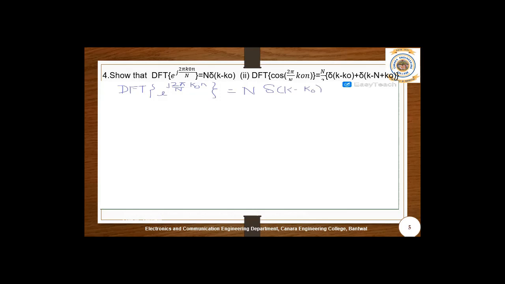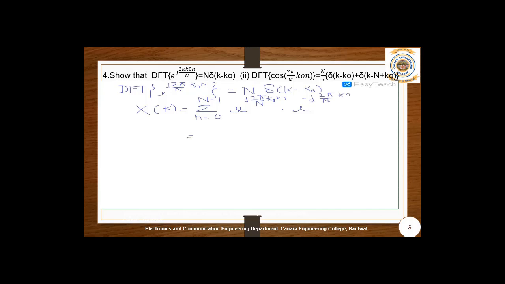By DFT formula, x of k is equal to summation n value varying from 0 to n minus 1 e to the power j 2 pi by n k naught n into e to the power minus j 2 pi by n kn.